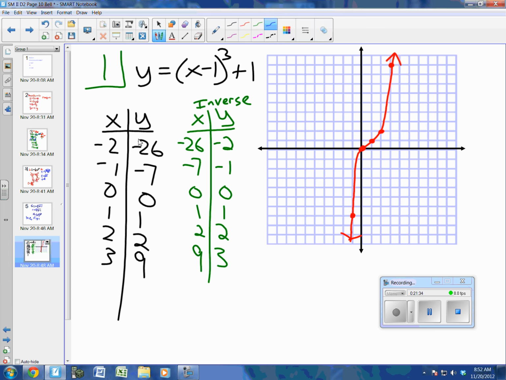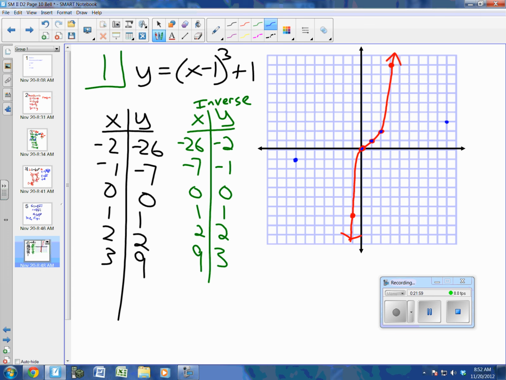So negative 2, negative 26, we're not going to graph. Negative 7, negative 1 would be right here. 0, 0, right here. 1, 1, right here. 2, 2, right here. And 9, comma 3, right here.